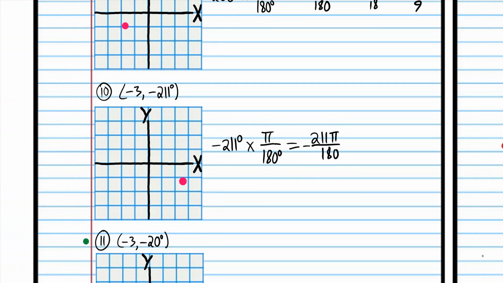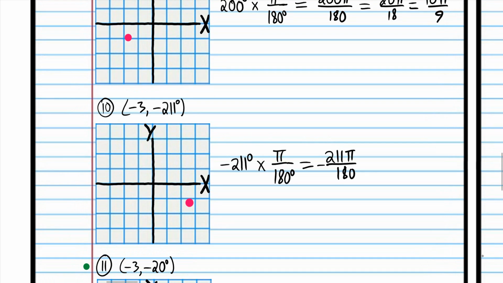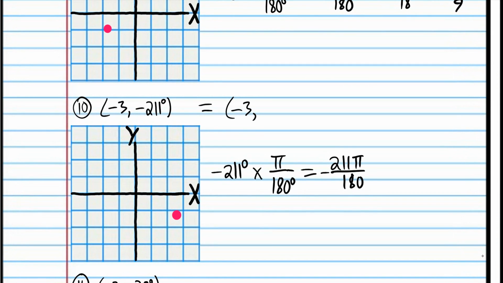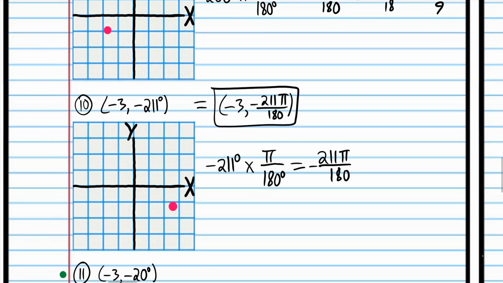I forgot to write my negative. So we can change the angle measure in the ordered pair to negative 211 pi over 180. So there we go. And we can't reduce this fraction.